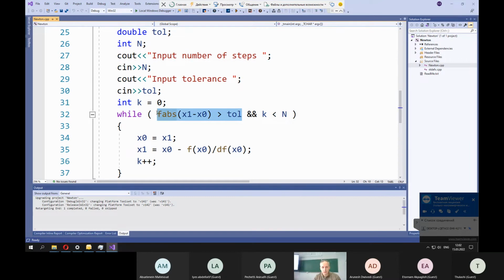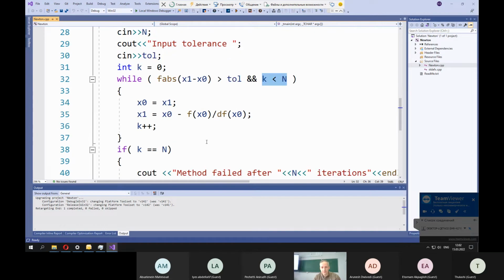While the distance between the next point and the current point is greater than tolerance and k is smaller than n, just 3 lines inside the loop. Reassign x0 and reassign x1. That's all.